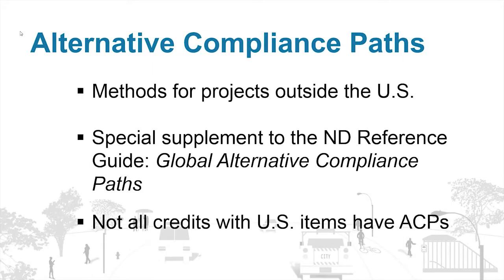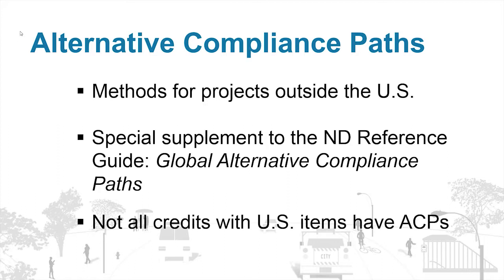Because nearly half of ND certification submissions are originating outside the U.S., the USGBC has issued a special supplement to the ND reference guide that provides alternative compliance paths for non-U.S. projects. If you're on an international project team, you should definitely get a copy of the supplement, and remember it's designed to be used in tandem with the regular reference guide.